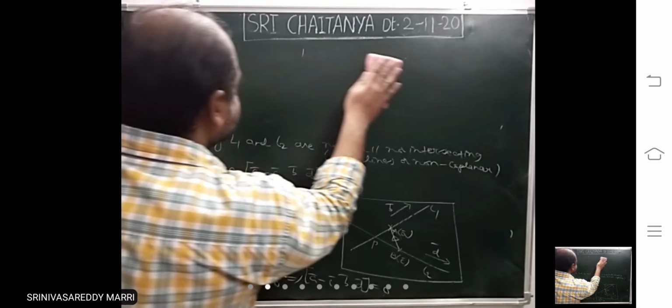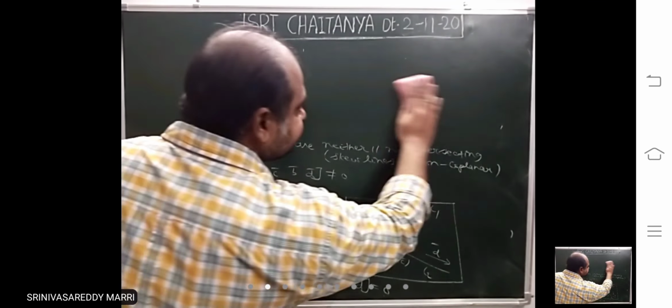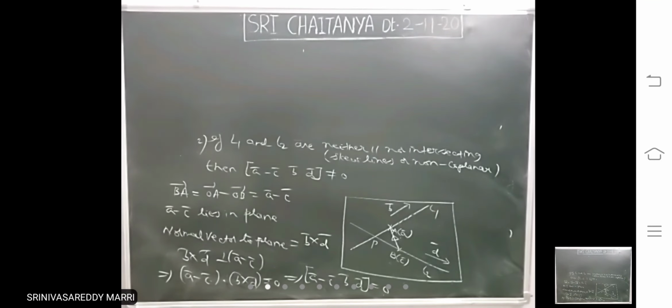Suppose in 3D geometry, lines will always be given in Cartesian form.